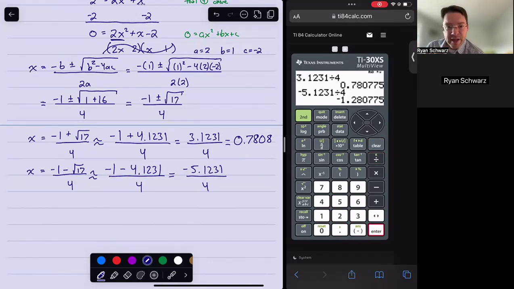We should expect to get a negative answer out of this, and we do. And this is negative 1.280. And then we have 7 as the last place, but the next place is a 7 also. So we're going to round that up to an 8. Okay, brilliant. So let's see which of these two actually makes sense for our solution.